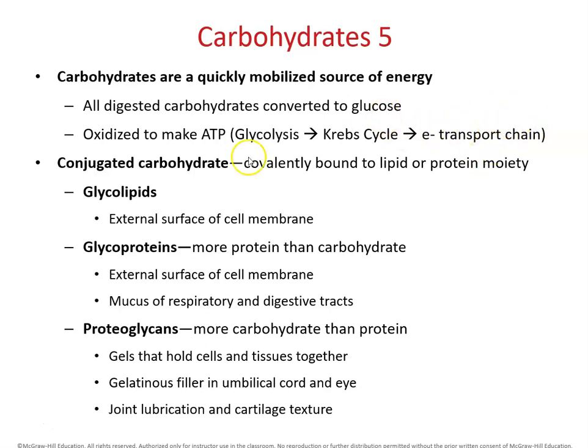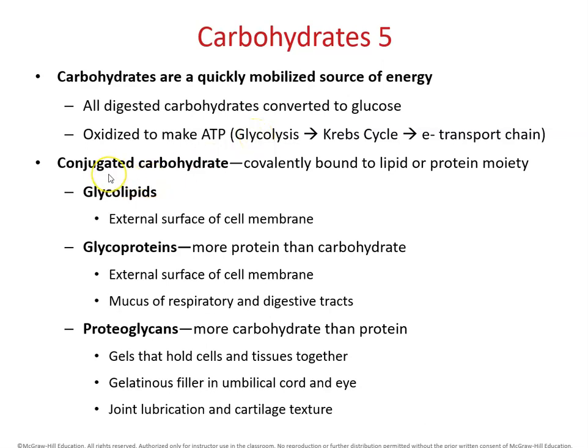And by doing that, one monosaccharide is broken down into ATP, and that's what we can use for energy. It's important to note that no matter what monosaccharide we're talking about, whether it's galactose or fructose, all of them are converted to glucose before they go into glycolysis.